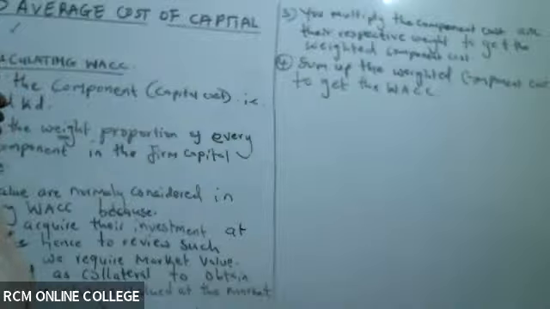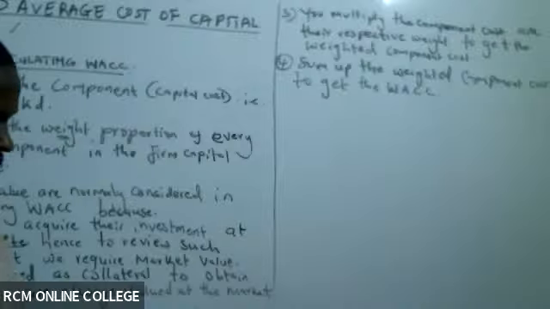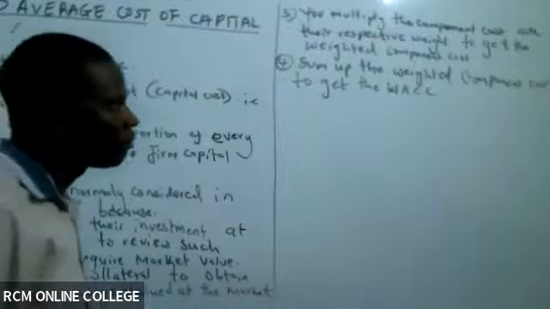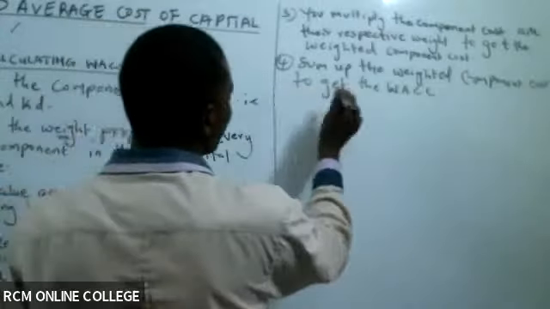You sum up the weighted component cost to get WACC. So the four steps are important.